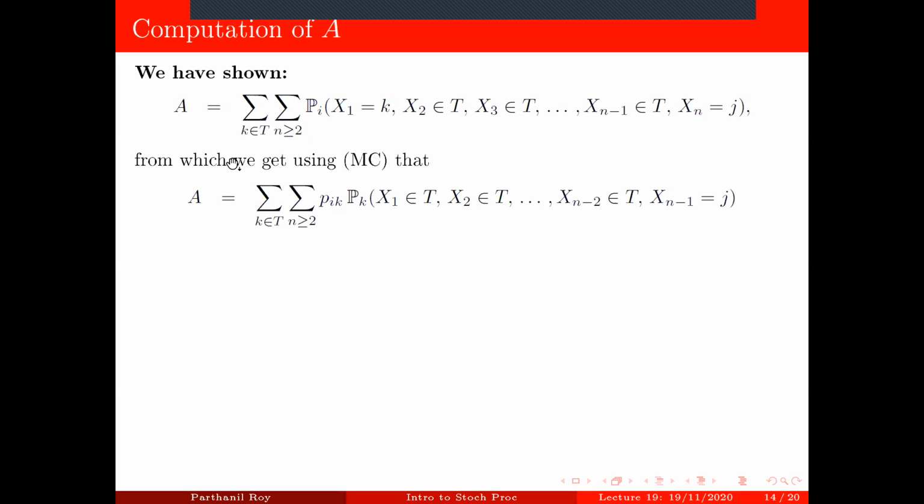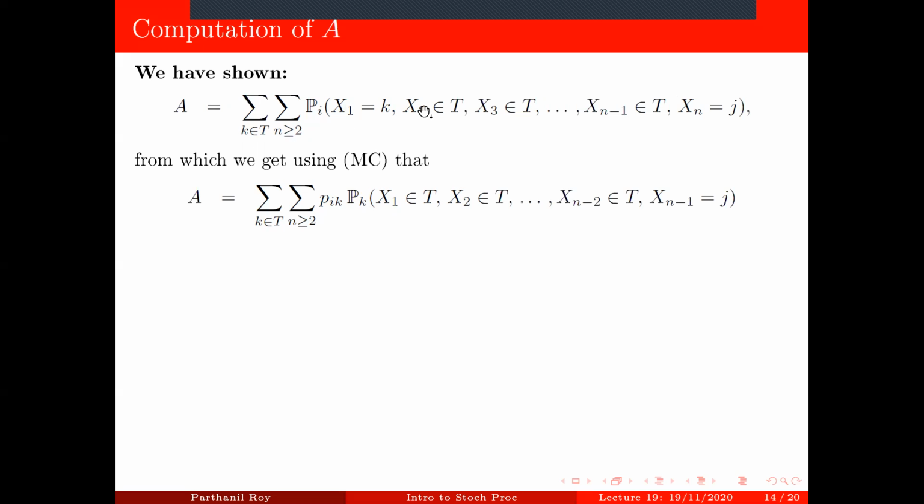Now we'll use the Markov property, in the form of the definition of a Markov chain. Note that for each term, this would be equal to the following. First, you go from i to k in one step, that is p_ik, and then you restart your clock. Start at k, and then you restart your clock.